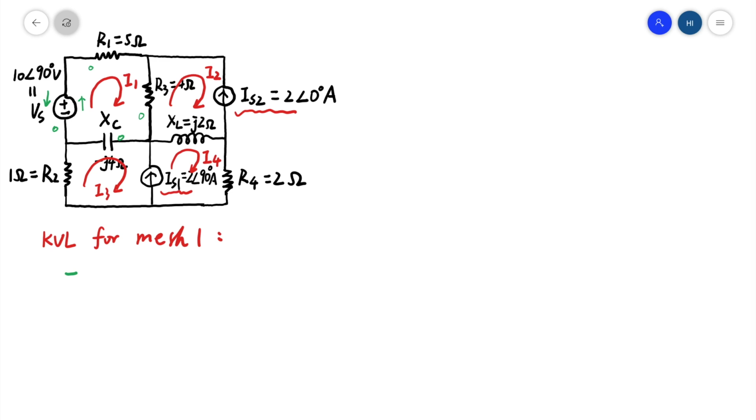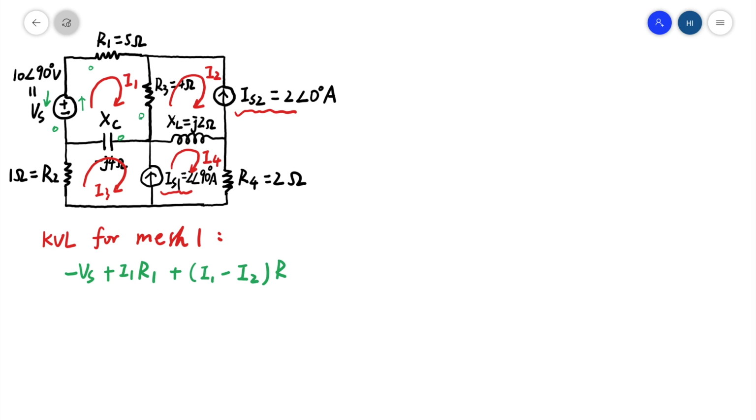Vs, and plus for R1 it will be I1 R1, and for R3, since R3 belongs to mesh 1 and mesh 2, so we could use I1 minus I2 times R3.